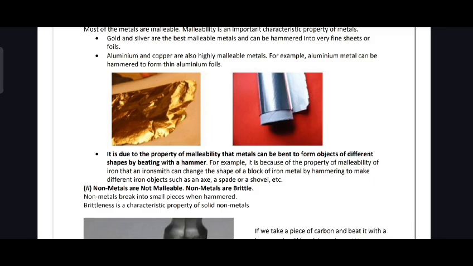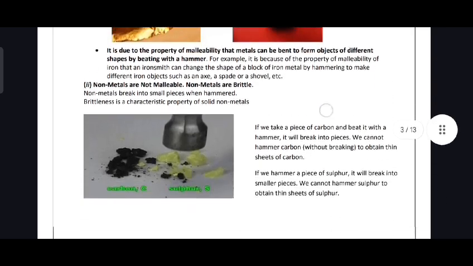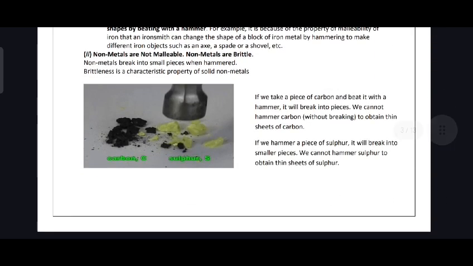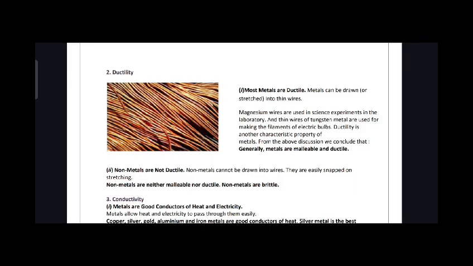Metals are thus malleable. On the other hand, in the picture you can see on hammering, non-metals will break down. In the picture, carbon is breaking down into small pieces and sulfur as well. This is called brittleness. Non-metals are very brittle.